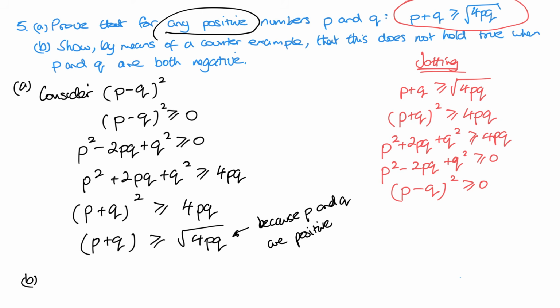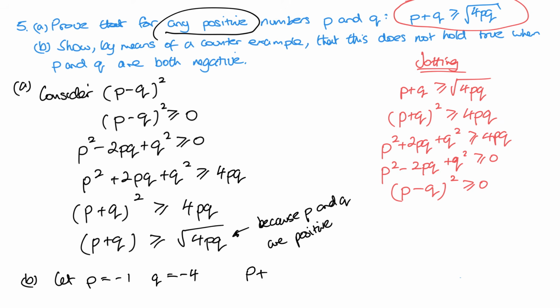Now for part B, we just want to show that this is not true if they are both negative. So let p equal, let's go -1, and q equal -4. I'm doing this because I'm picking two numbers that when they multiply together with this 4 give me a square number, which makes it a little easier when demonstrating.